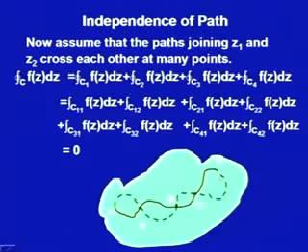So, what we are getting is that you can rewrite it in your own manner and see it clearly. We would be getting that the integral along this path would be the same as the integral along this path.